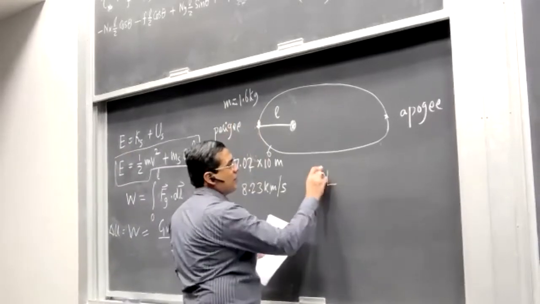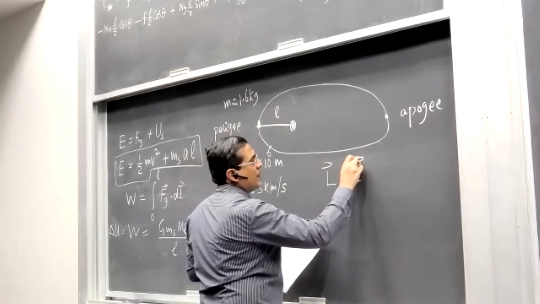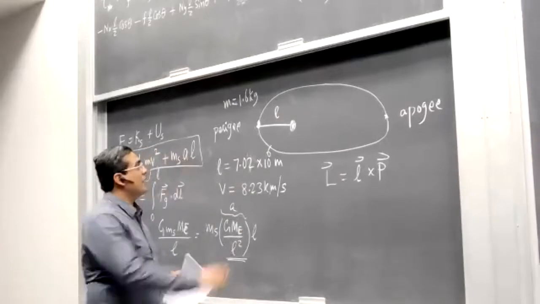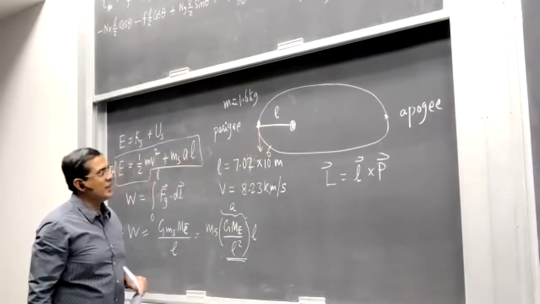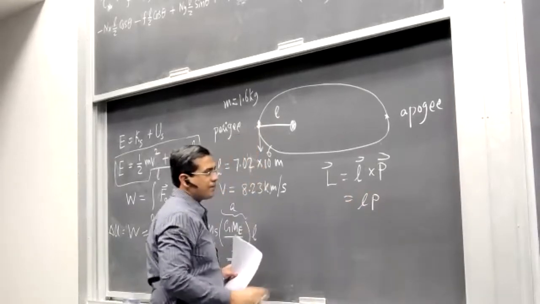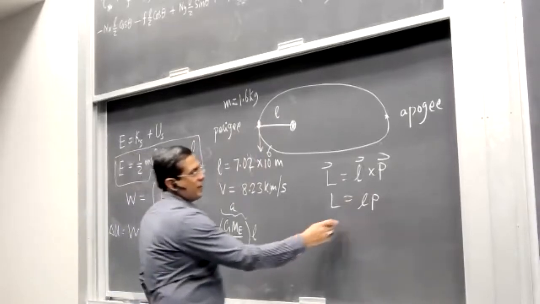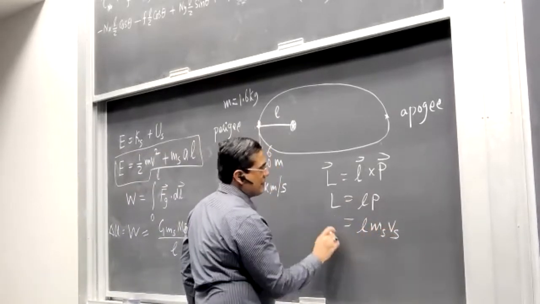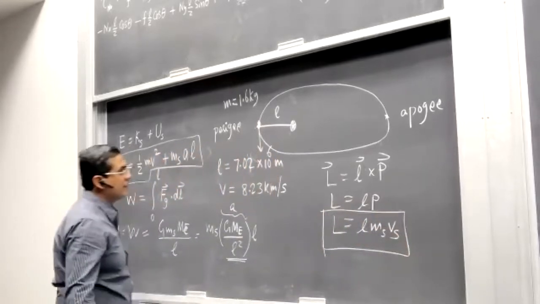So this is how you calculate angular momentum: L cross P. The linear momentum and L make a 90-degree angle, so just L P, and you know everything here. You know L, you know M_S, you know V_S. So you can find the angular momentum like this.